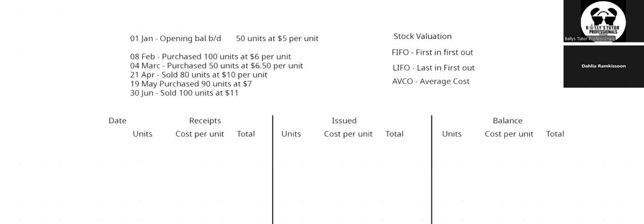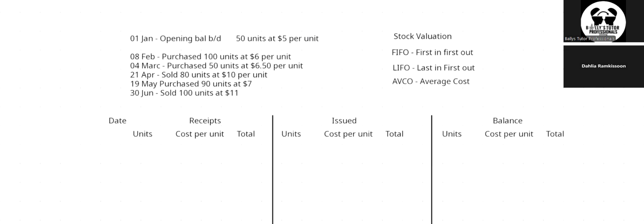So when we sell goods, this is our method to see which goods we have remaining after we sell them. Do we have goods that were valued at $6 per unit? Goods that were valued at $6.50 per unit? Or goods valued at $7? If we know that, then we could tell how much the goods are worth.